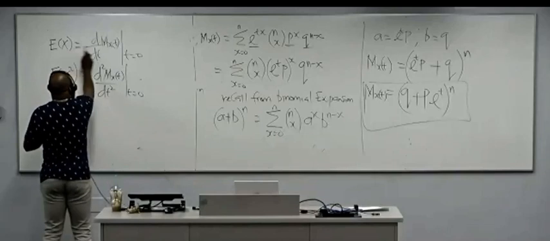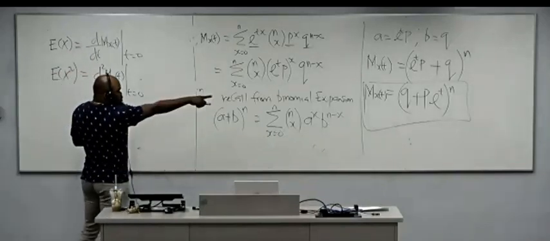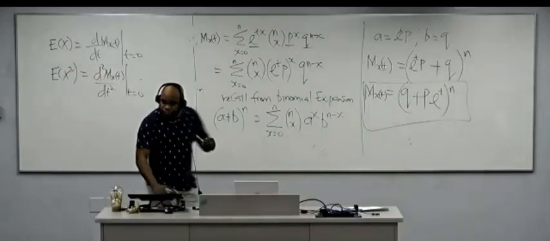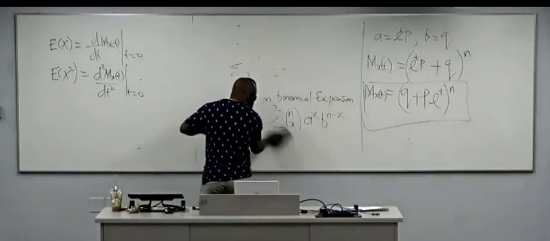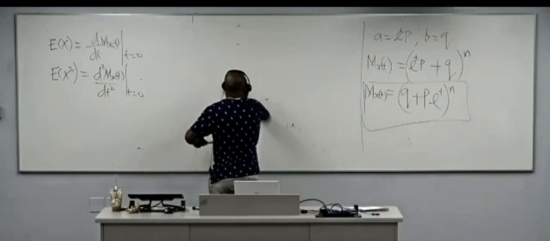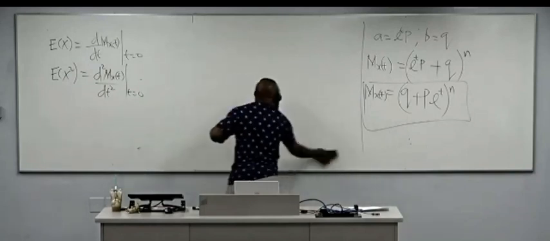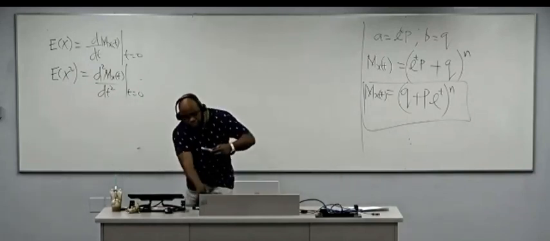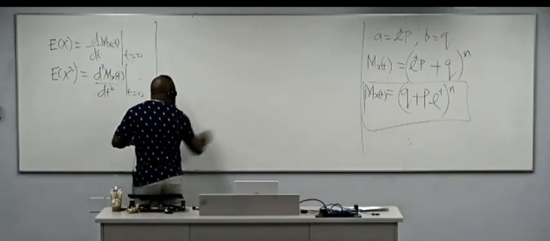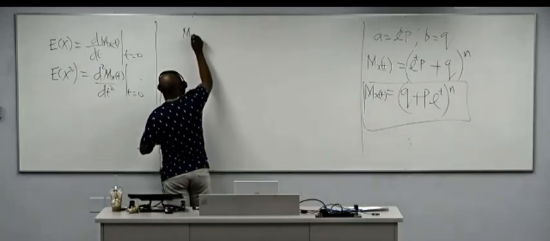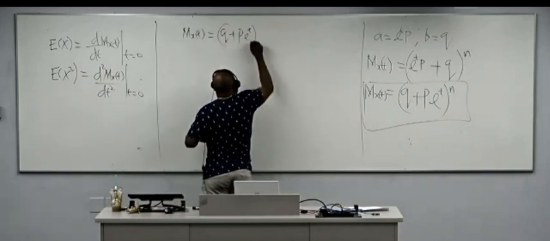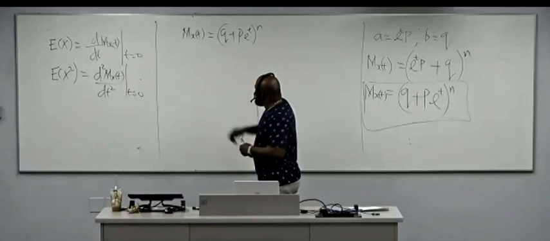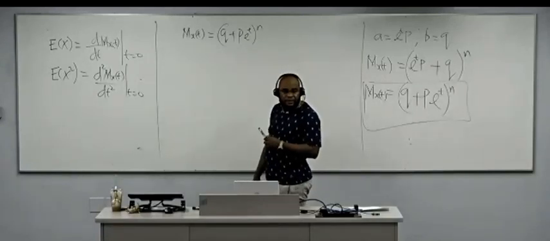Now, let's look at the mean first. You have that moment generating function given. We want to differentiate this guy. You need to go back to calculus.